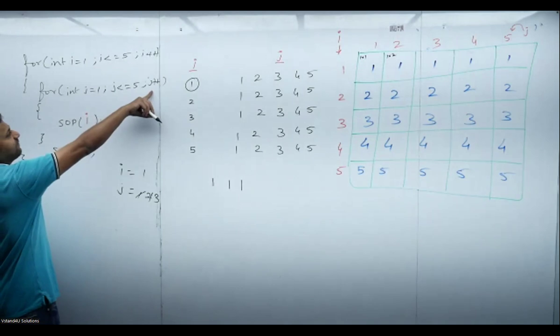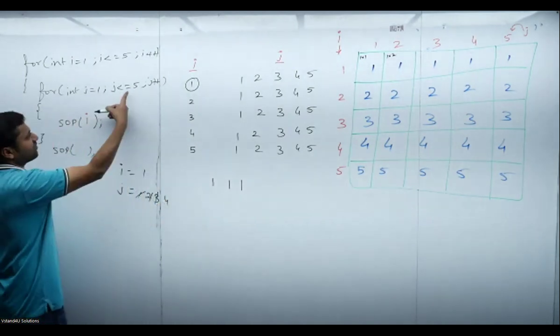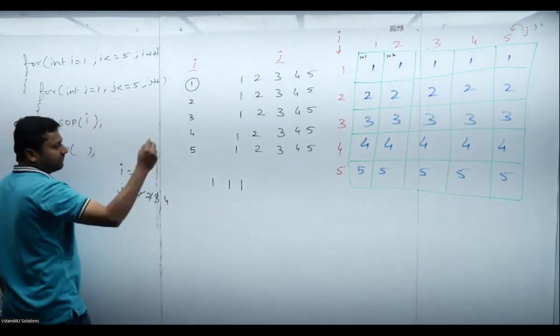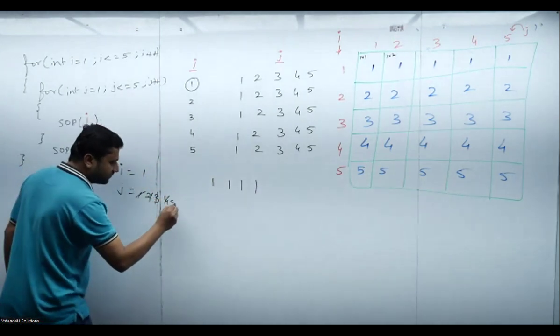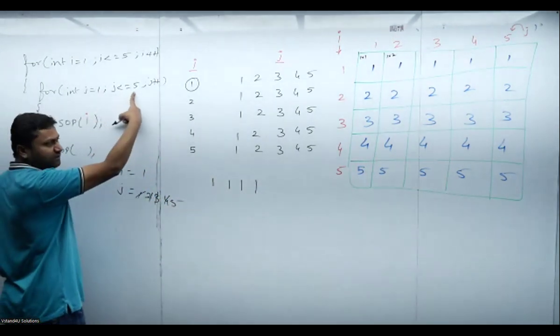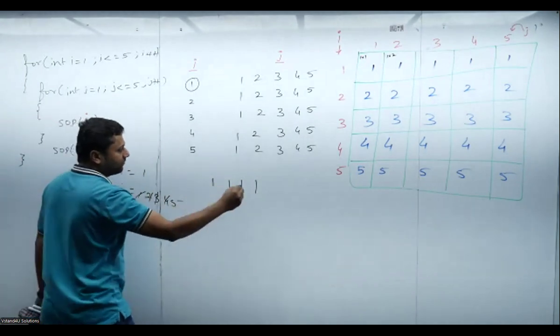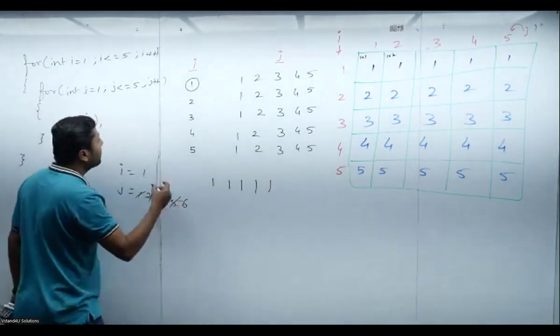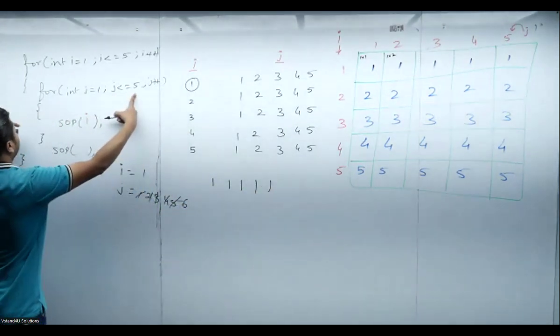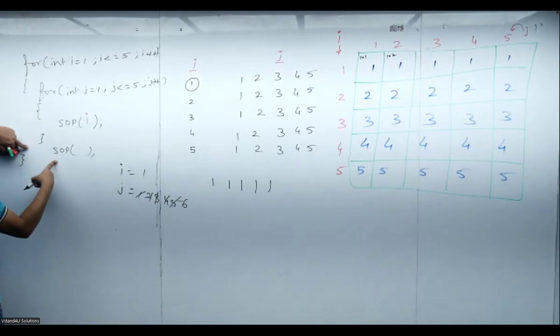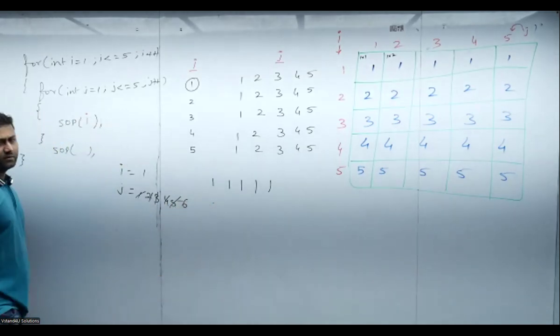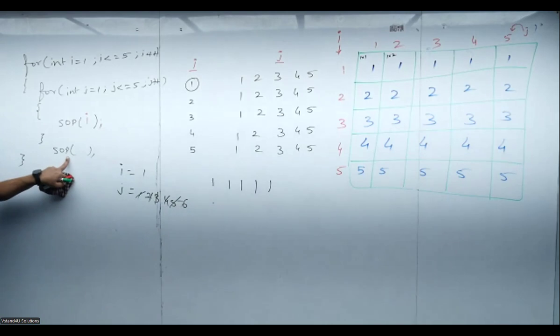Then once again J will become 4, less or equal to 5. Print. Okay, sir. Once again 5 less or equal to 5. Then print. Okay, sir. J becomes 6, less or equal to 5? No. After this loop, come to the next line.